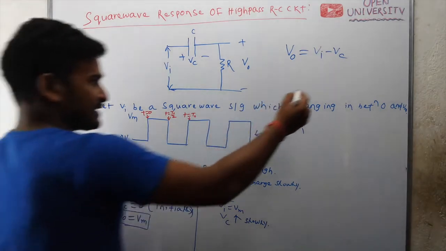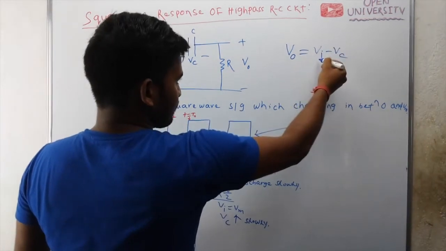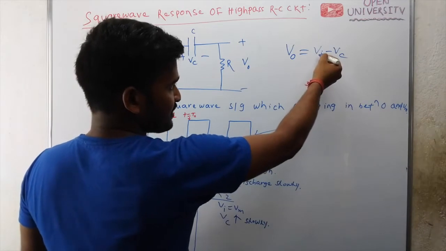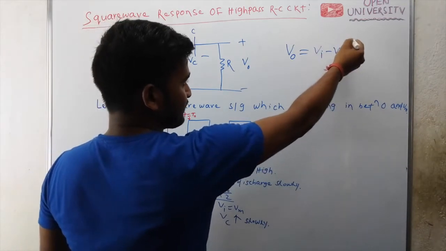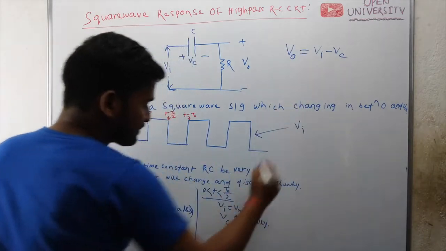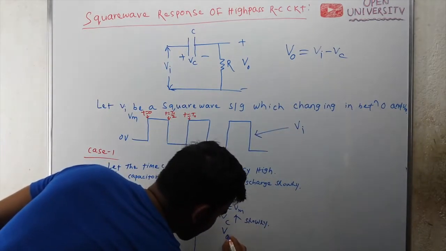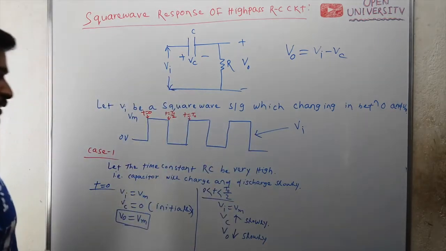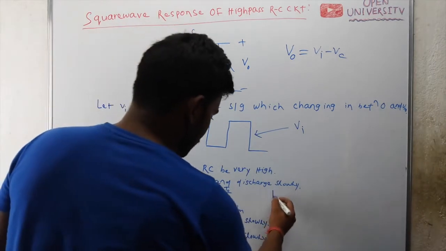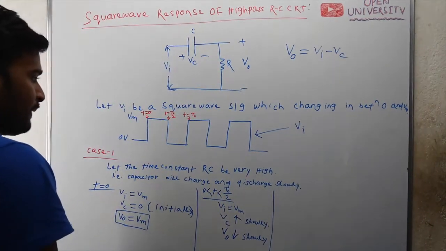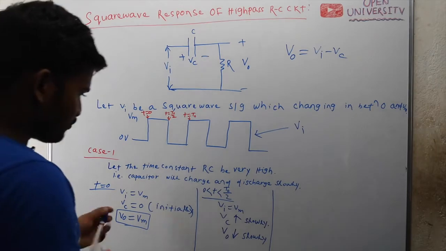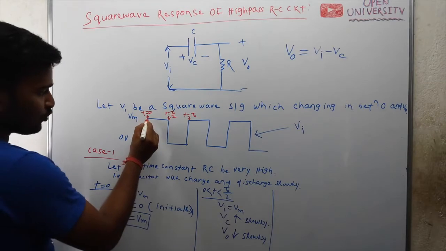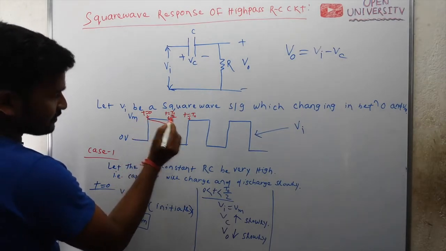If capacitor voltage increases slowly, then what will happen? Vi is fixed at Vm, and Vc is slowly increasing. So output voltage V0 will decrease slowly in this interval. If you want to see the output voltage from 0 to t0 by 2, it will be something like this.